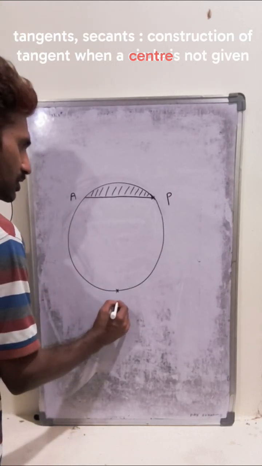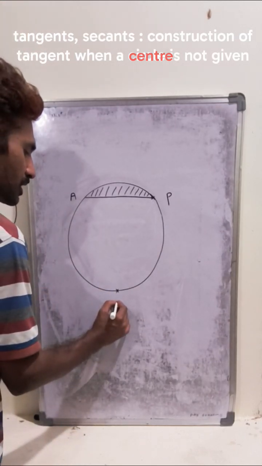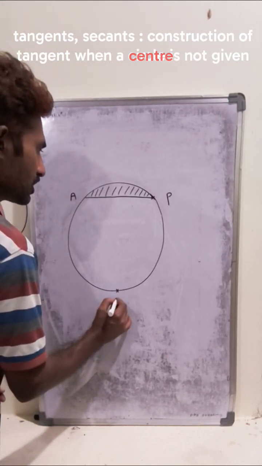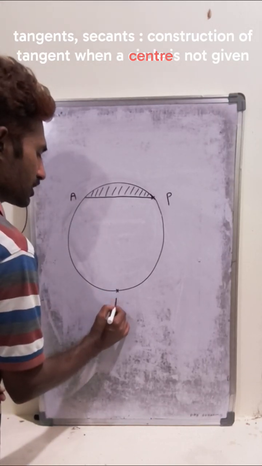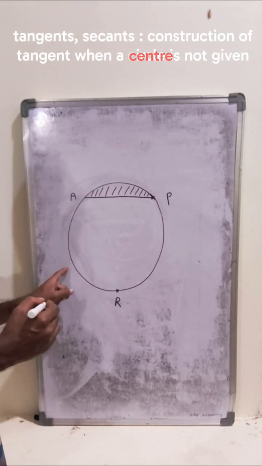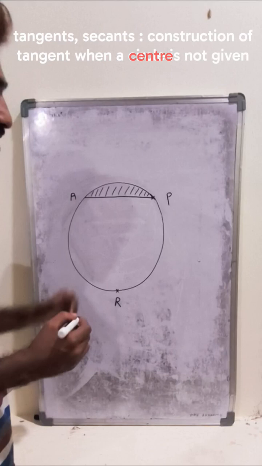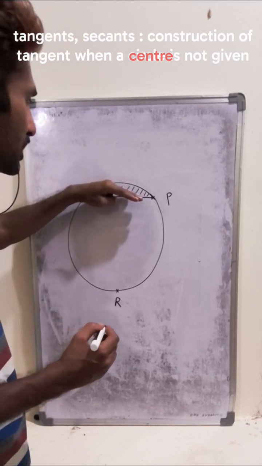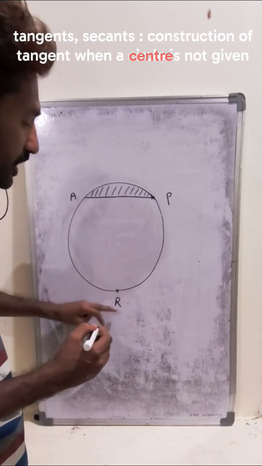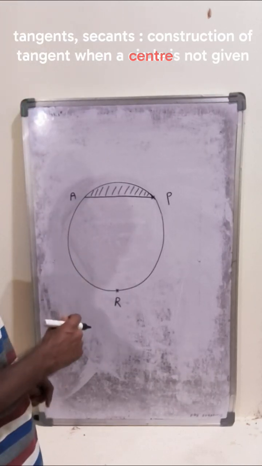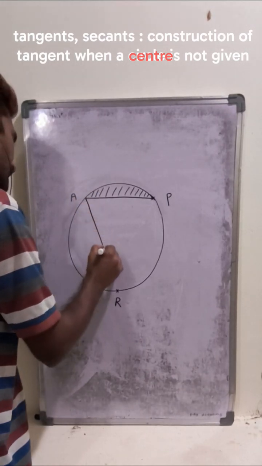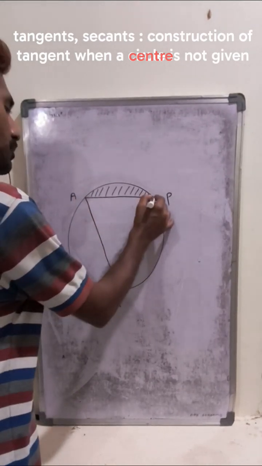Let us assume that point is called R. R is a point we are taking on the alternate segment. So if this side is the minor segment, we need to take a point on the major segment. Now join A and R, join P and R.